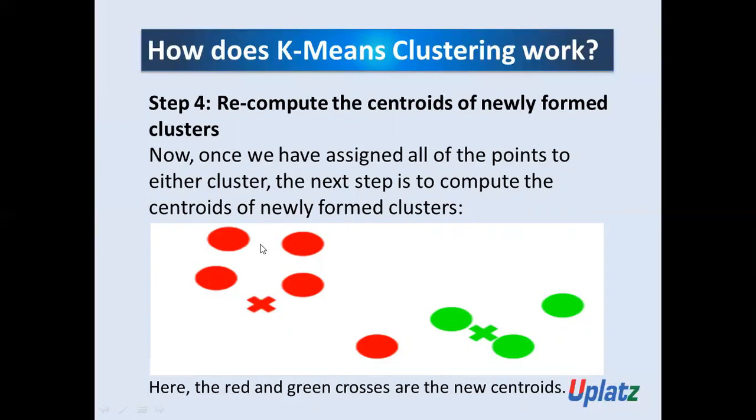It looks like these 4 points are closest to this centroid, whereas these 4 points are closest to this centroid. And again, we need to recompute the centroid of a newly formed cluster.